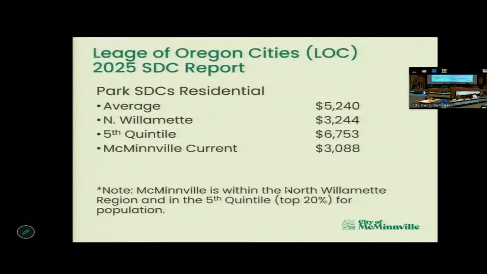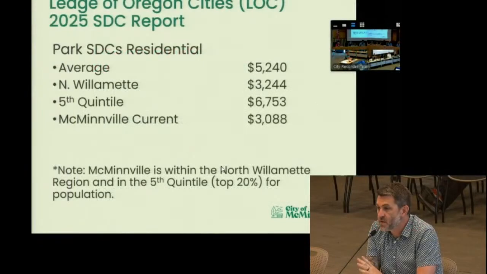So there was also some asks for total SDC costs for different communities. And so the best I had, on a short window, was the 2025 League of Oregon Cities SDC survey. This was completed in December of 2025, so it's our most recent survey. For Oregon cities that filled out that survey, the average park SDC for a residential unit is $5,200.